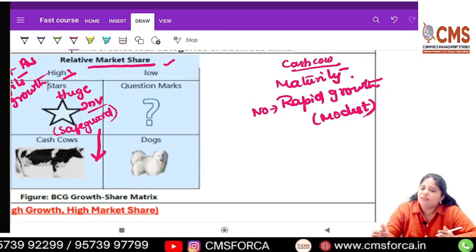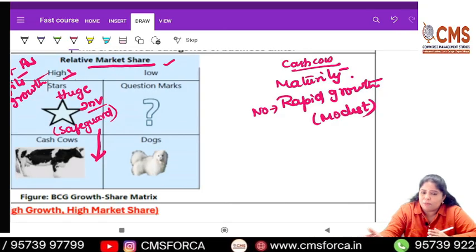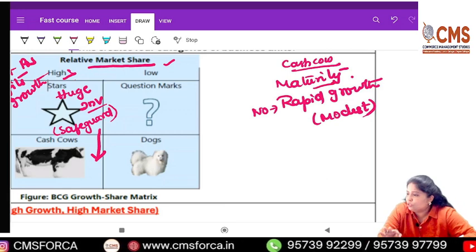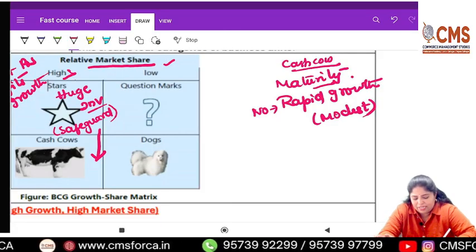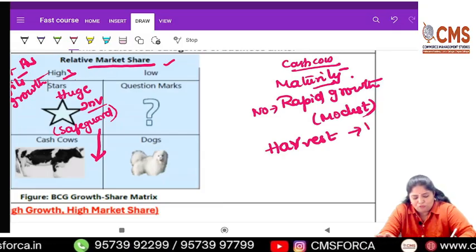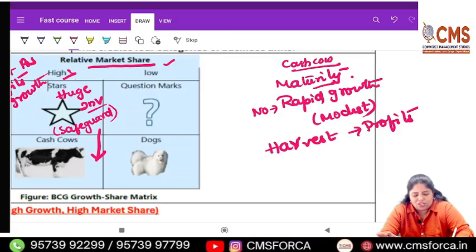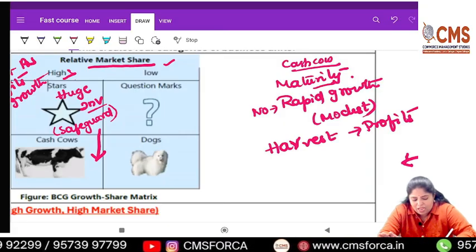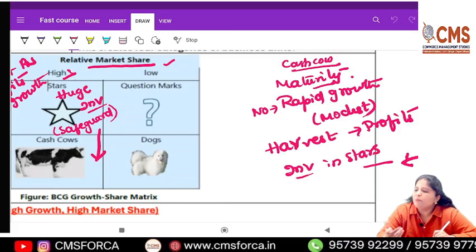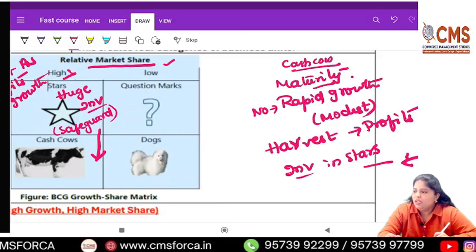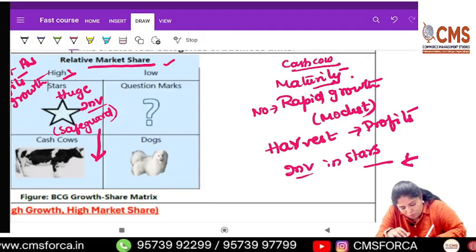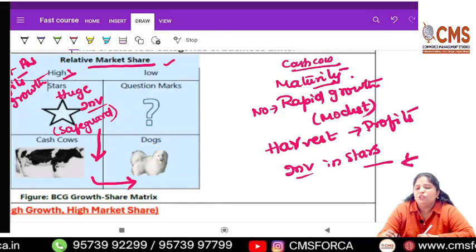So already they are in a good market share, a good market position, a stage of maturity. So the best thing to do with the cash cow category is just to harvest. Whatever profits you can make from cash cow, harvest those profits and invest in stars. You can make more profits. Further, a cash cow might turn out to become a dog.